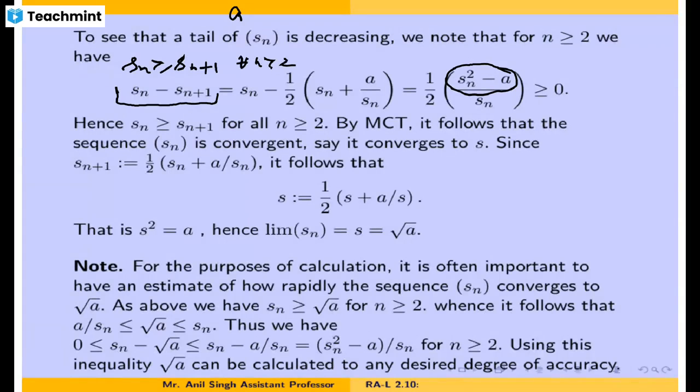As reasoned, Sn plus 1 corresponds to the tail of this sequence, and a tail of a sequence has the same limit.